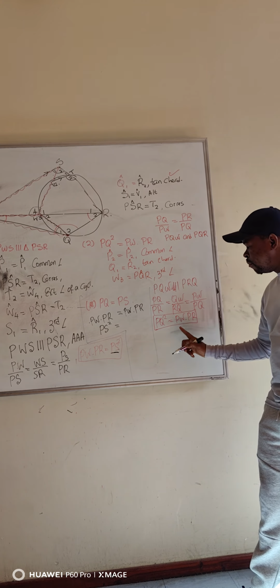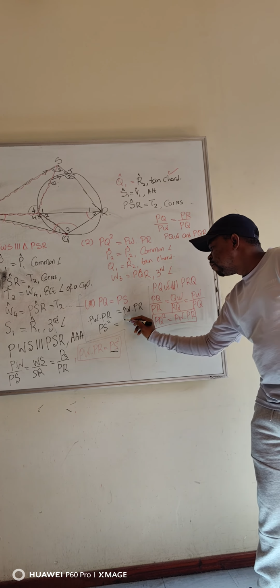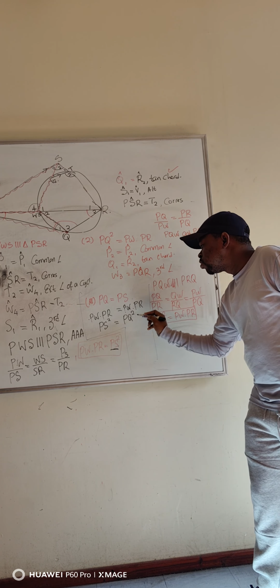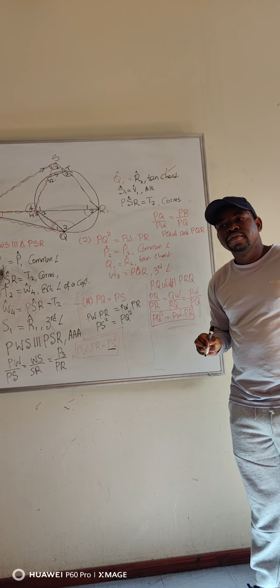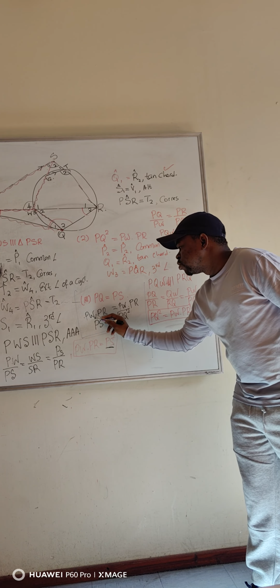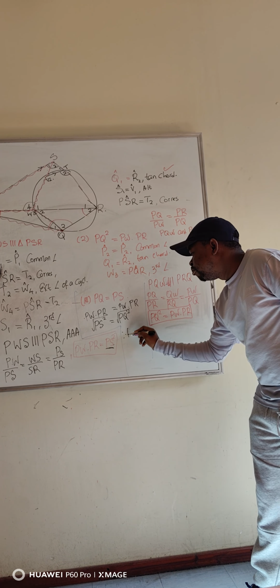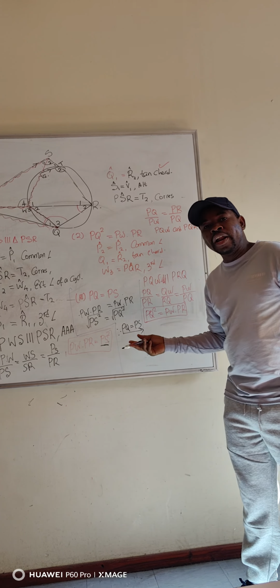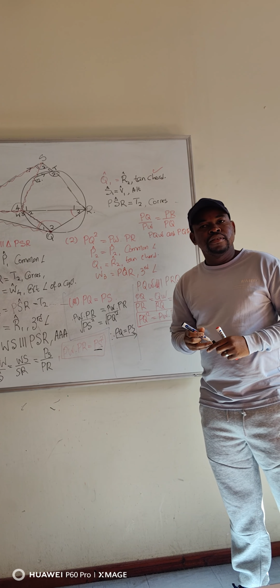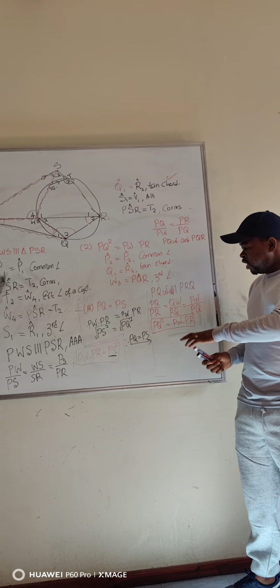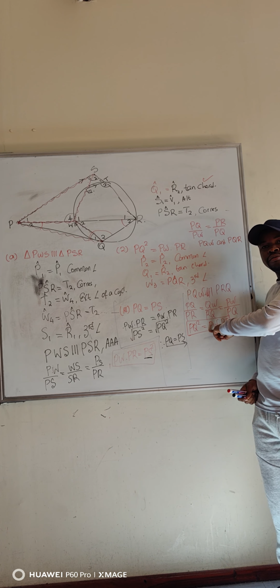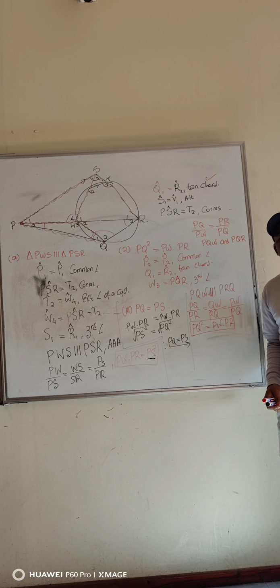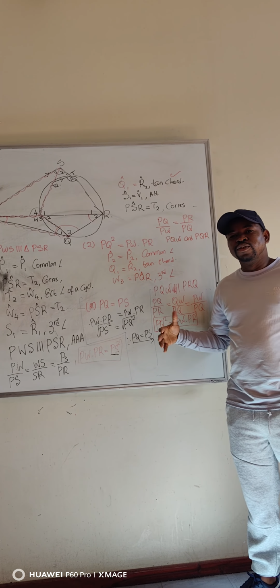Then on the other one, I'm going to write PQ squared. Then what do you do? You square root both sides. Therefore, it means that PQ is equal to PS. Then you are done. Where did we get it? We've gotten it from these two. Then you are done. That's it.